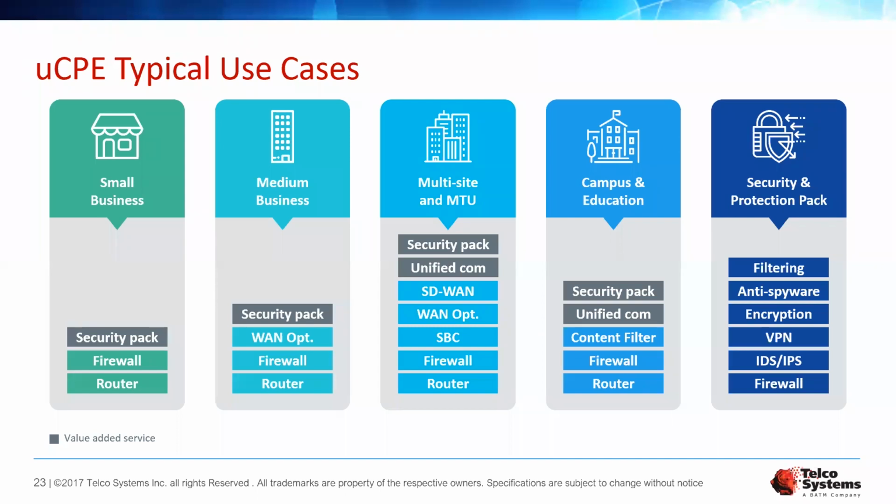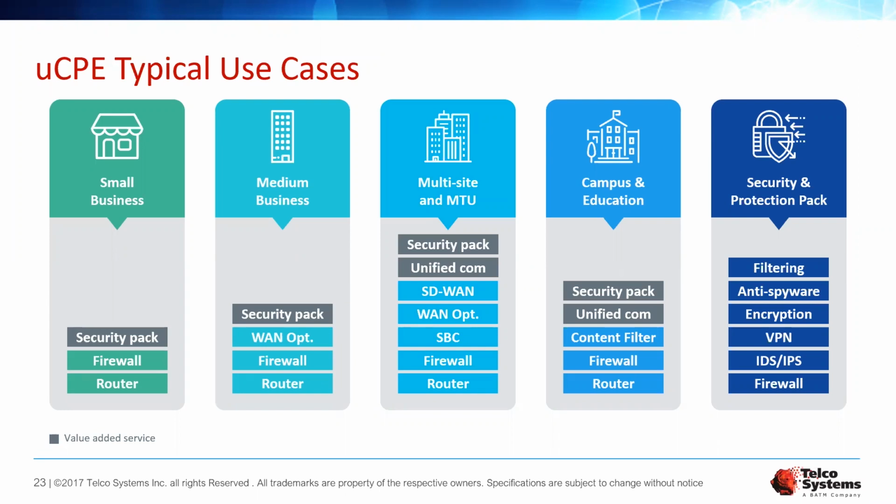So some of the use cases, going from small to big: if you have an SMB, it's possible that a service provider will construct a virtualized pack with just a firewall and a router, or maybe just a firewall, and brand it with its own name.